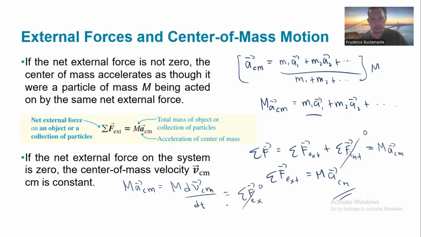If this is equal to 0, then dV_cm over dt is equal to 0. So V_cm, the velocity of the center of mass, is constant because its derivative is equal to 0. That's what we mean.